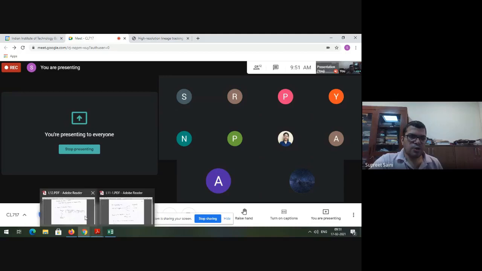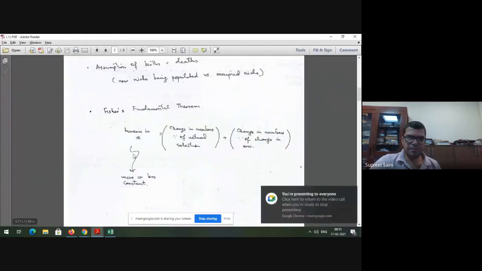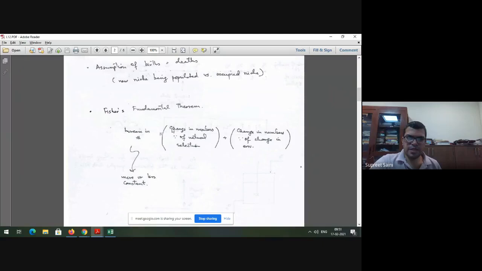So Fisher, to explain this, introduced something called Fisher's fundamental theorem. The first term on the right here is basically saying that numbers should change because of natural selection in action, because fitness is constantly increasing. That should happen. On the left, he makes the point that unless there has been a catastrophe, like a drought or something, then basically there is no net increase in numbers.